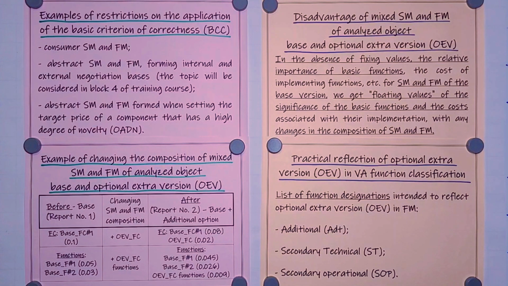What about practical reflection of optional extraversion? The structural and functional models given by us in this issue are mixed according to the classification of structural functional models according to the content of function carriers of basic and additional options given above.